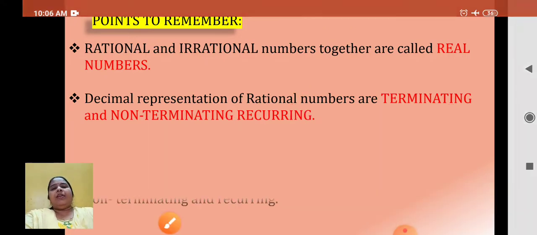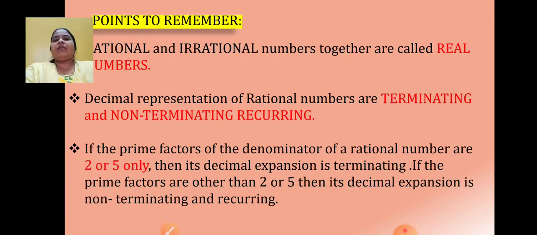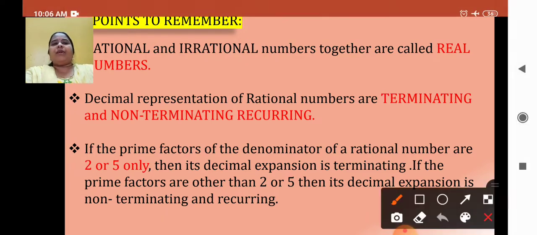Okay. Next thing what we have learned is an important property based on which we have solved few exercise sums. The important concept was, if prime factors of the denominator of a rational number are 2 or 5 only, then its decimal expansion is terminating. For example, suppose I give you 7 upon 25, what are the prime factors of the denominator? 5 into 5.